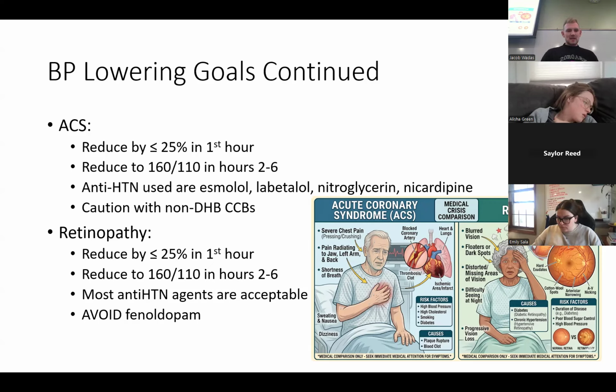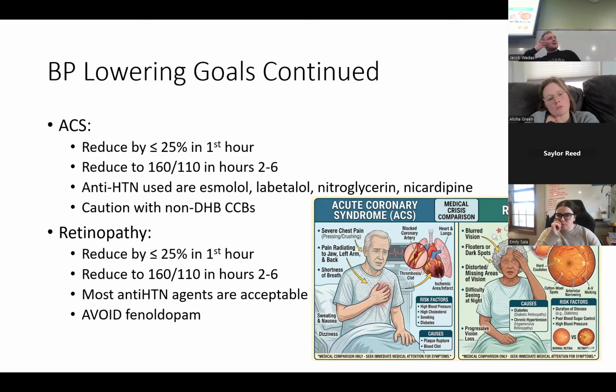All right. Okay, moving on to retinopathy. We want to reduce the blood pressure by less than 25% in the first hour, reduce to 160 over 110 in hours 2 through 6, and most antihypertensive agents are acceptable. We want to avoid phenoldopam in this condition.